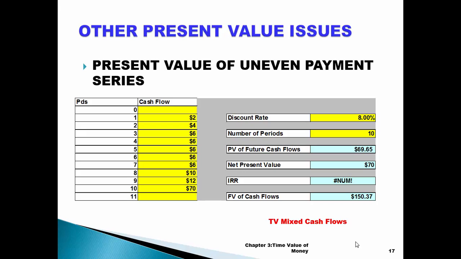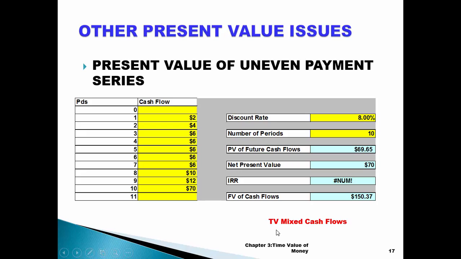We can also assume that we have unequal payments. And this really doesn't have a tremendous amount to do with personal finance, but it could have something to do with corporate finance. So in this case, there are 10 cash flows that we think we're going to get in the future, and we know what those cash flows are.